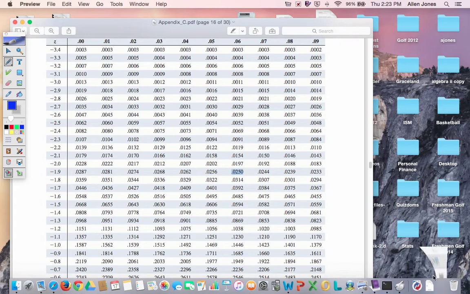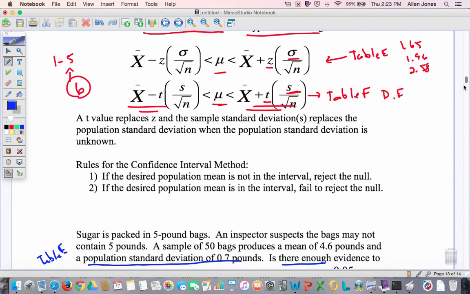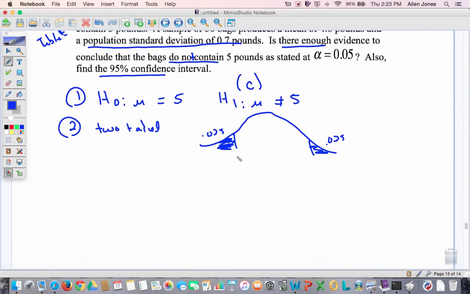It's negative 1.96. So those will be our two critical values, negative 1.96 and 1.96.